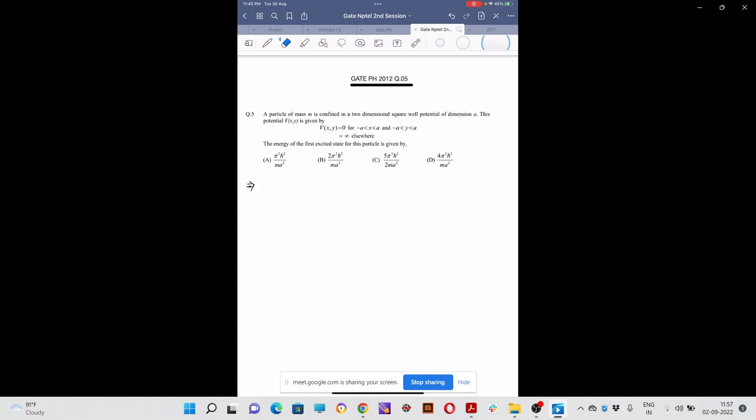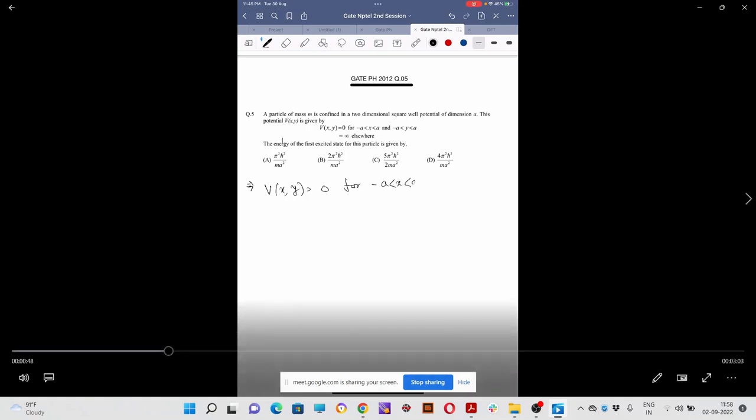The energy of the first excited state for this particle is given by the correct option to be chosen. Sir, the voice is not clear. Why is it not clear? Yes, the question is that, then I'll solve the question. The potential is 0 for x from minus a to a and y from minus a to a.